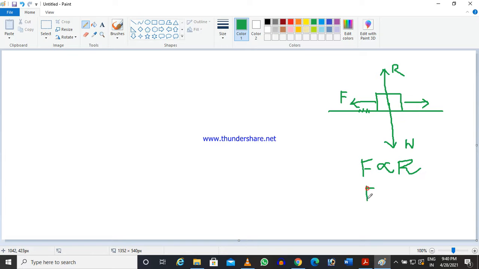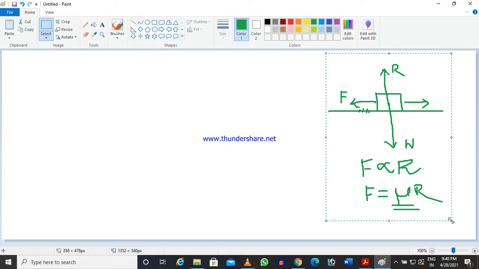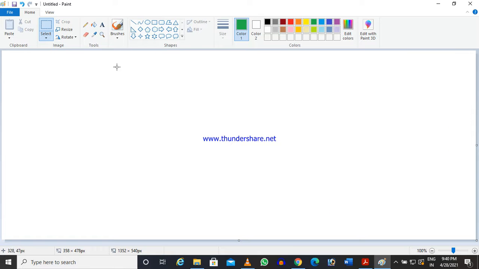To convert this proportionality to equal, we have to bring some constant mu. This mu is called the friction coefficient, and it should always be less than or equal to 1. So this is the fundamental of frictional law.